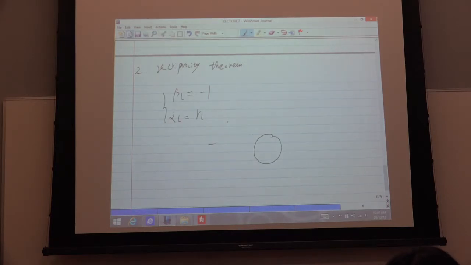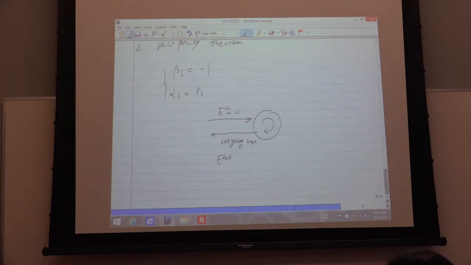Initially, we said there is no incoming wave, so E incoming equals 0. When the cavity is in resonance, it gives an outgoing wave, which we call E out. We use the same notation: this we call S1 plus, and this, the incoming one, S1 minus.